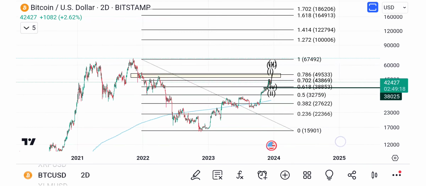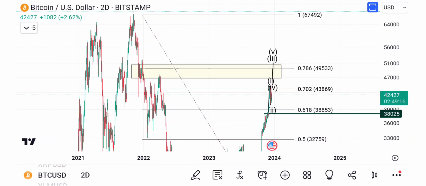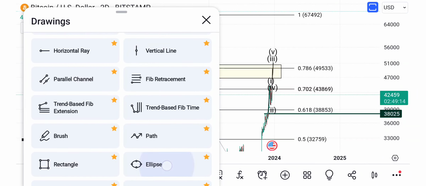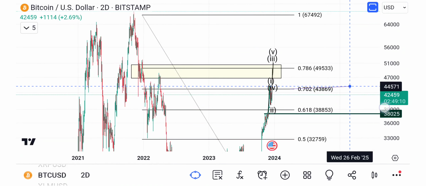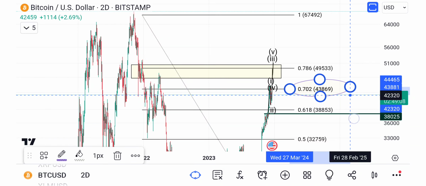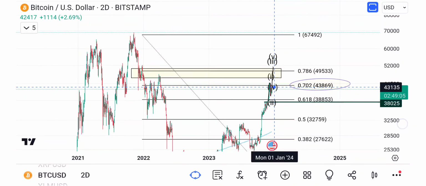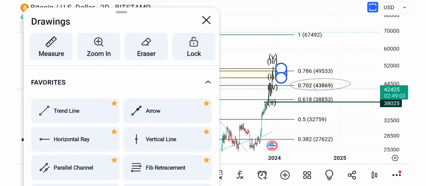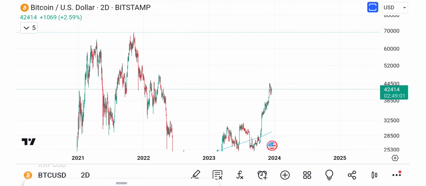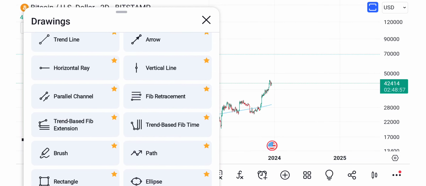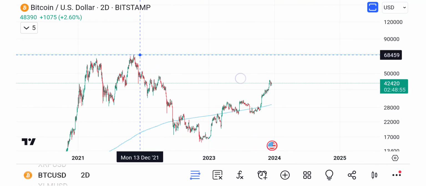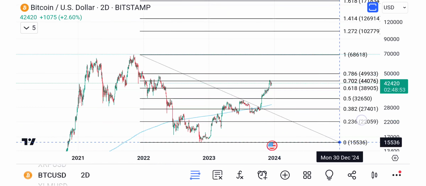If we get past this, the 702, which we're getting rejected at, right? Isn't that funny how we came right to the 702? And nobody has the 702. A lot of people, let me take everything off the screen, a lot of people have the 618, you know, the 50%, right?